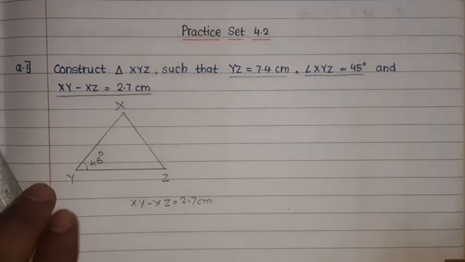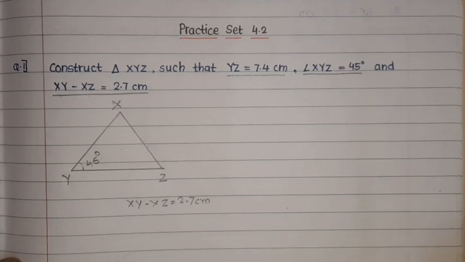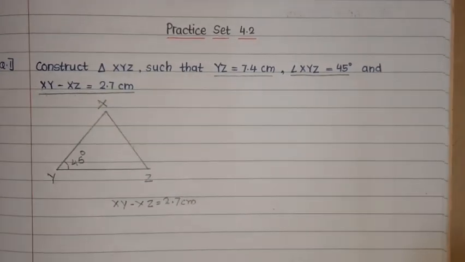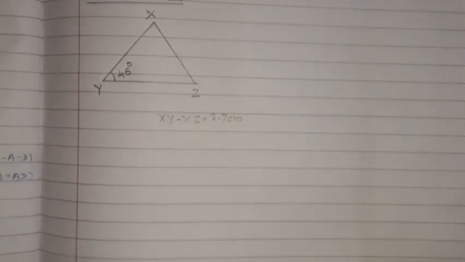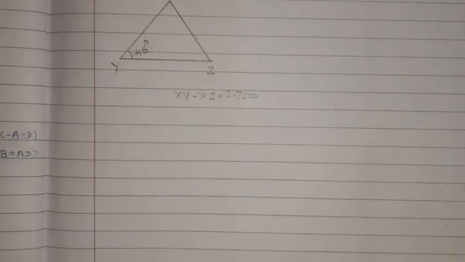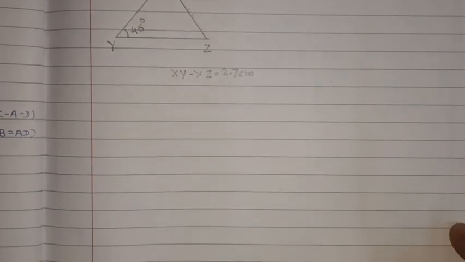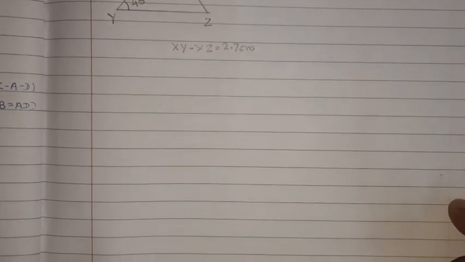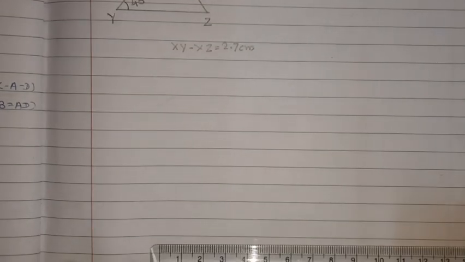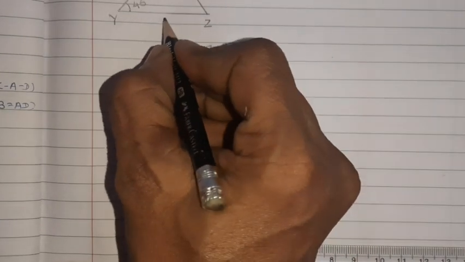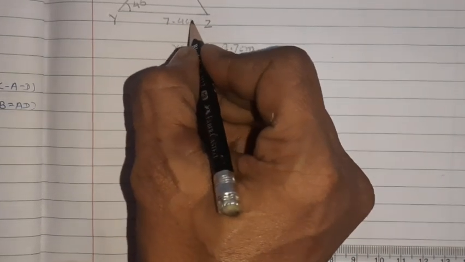Now dear student, what to do, how to construct this triangle? See, first of all you have to decide which side is the greater one and which is the smaller one. Now see dear student, first of all we have to draw here a base. The base is given, how much is it? YZ is how much? 7.4 centimeter.